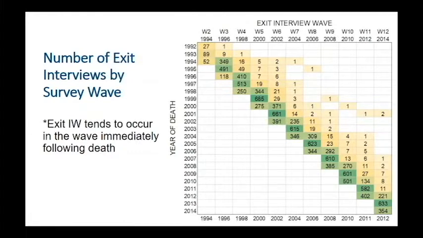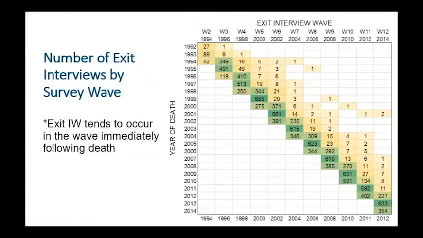That means that while HRS was in the field in wave 4, they determined that a respondent had died and they were able to conduct an exit interview with a knowledgeable proxy in that same interview wave. But actually, the majority of the interviews are conducted in the next wave, in wave 5, typically because the death either occurred at the end of the survey interview period or HRS wasn't able to ascertain death status in wave 4.